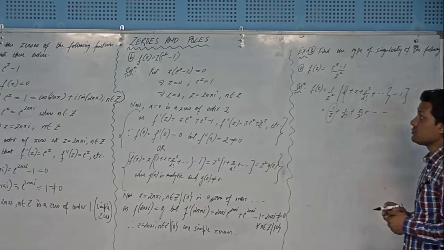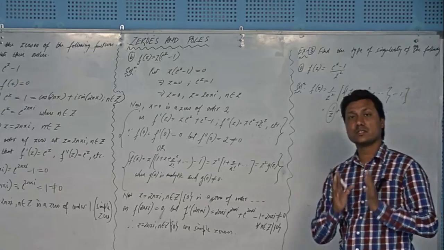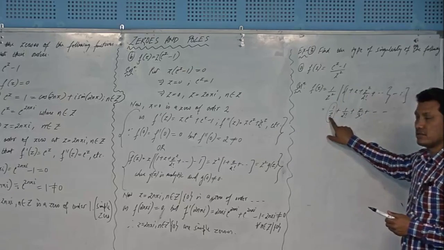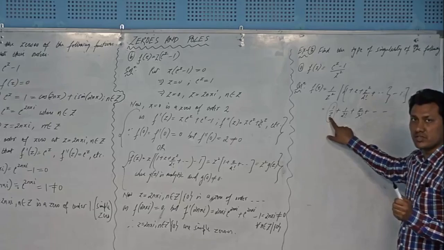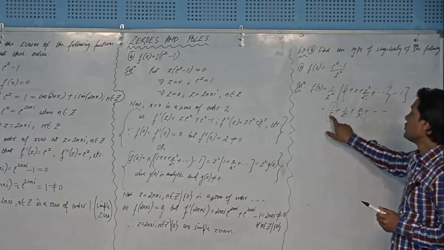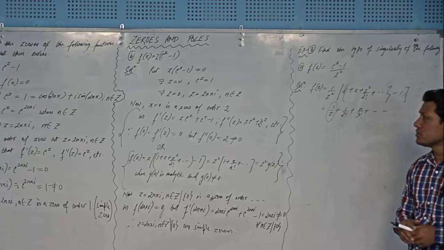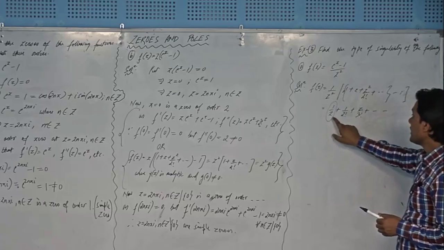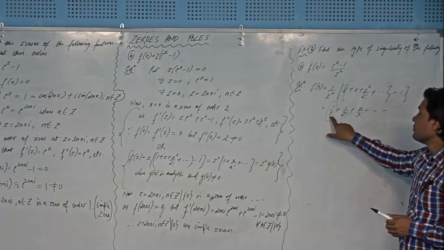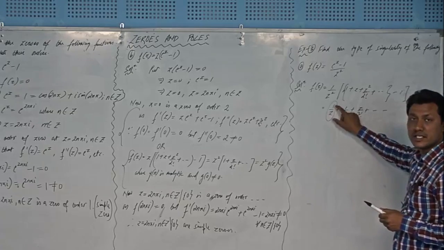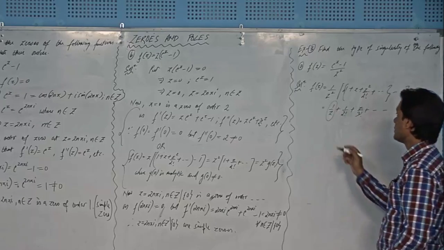And now comes that point, focus on the principal part. If you focus on this principal part, you see that there's only one term, means a finite number of terms, and this indicates that z equal to 0 is a pole of the function. And why am I saying z equal to 0 only, because I know that z equal to 0 was the problematic point from here, right? So z equal to 0 is a pole of order 1. Why of order 1? Because the maximum negative power is 1, right?